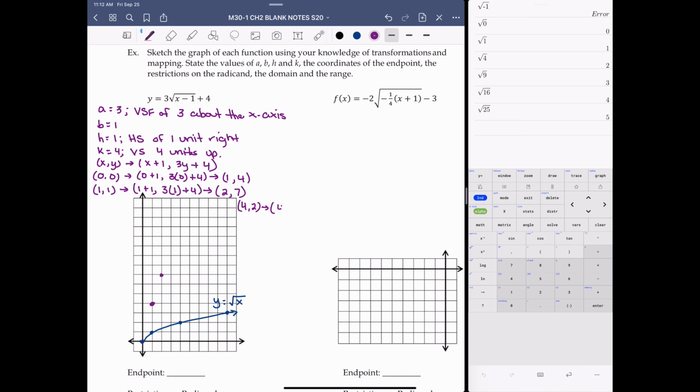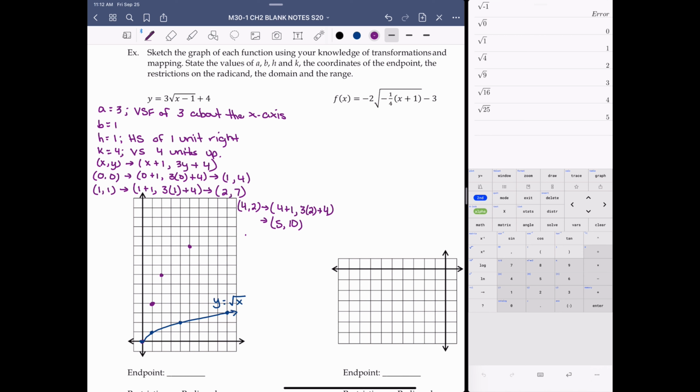We get 4 plus 1 and 3 times 2 plus 4, which gives us 5, and 6 plus 4 is 10. 1, 2, 3, 4, 5, and 2, 4, 6, 8, 10.